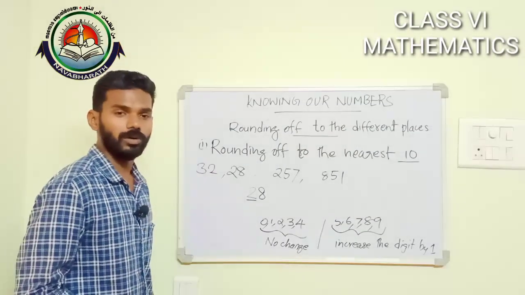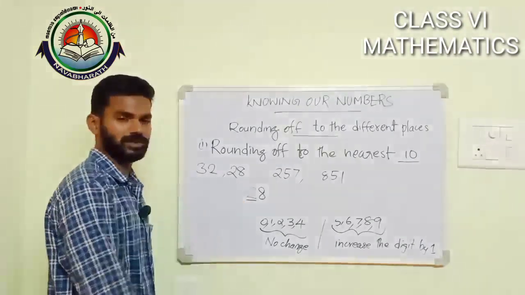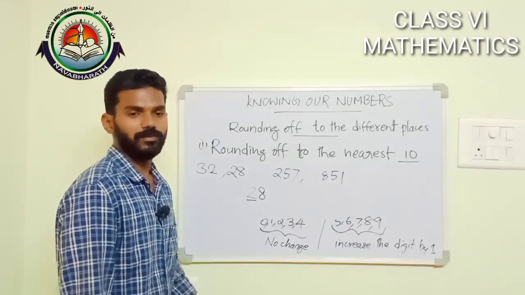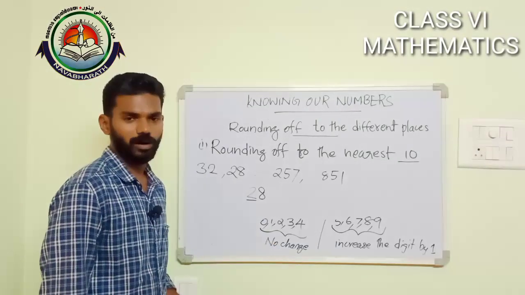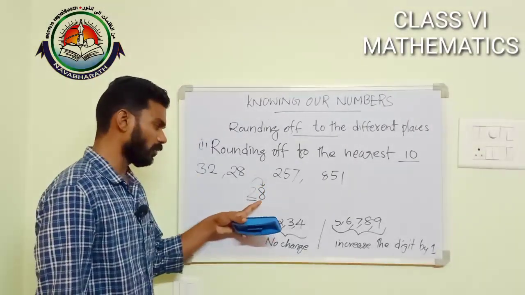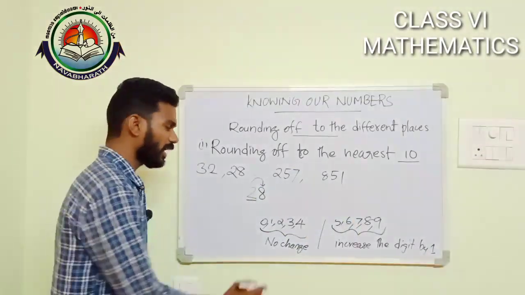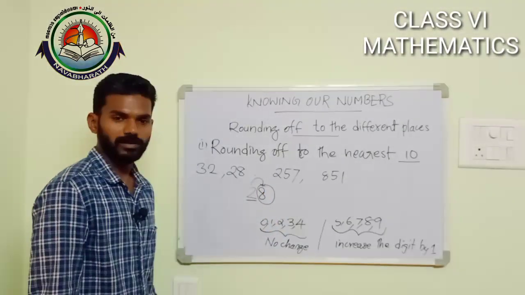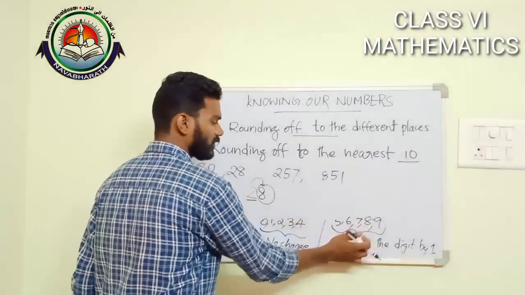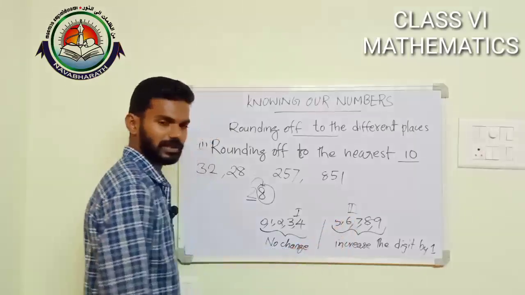Sometimes you may want to change this number or keep it the same. And whether it is to be changed or not is decided by the next digit. So you have to consider the next nearest digit on the right. And it is 8. Check whether 8 belongs to this category or that one. 8 belongs to the second category, right?